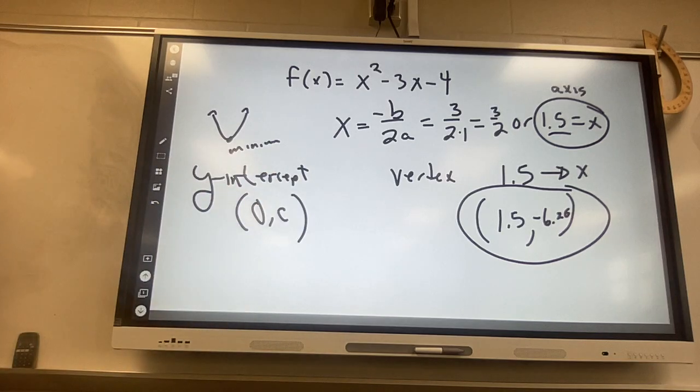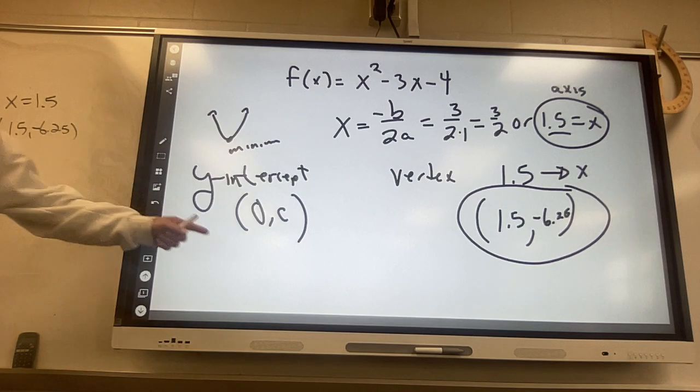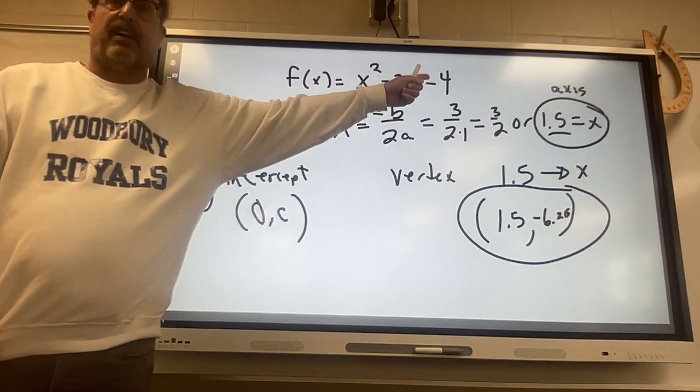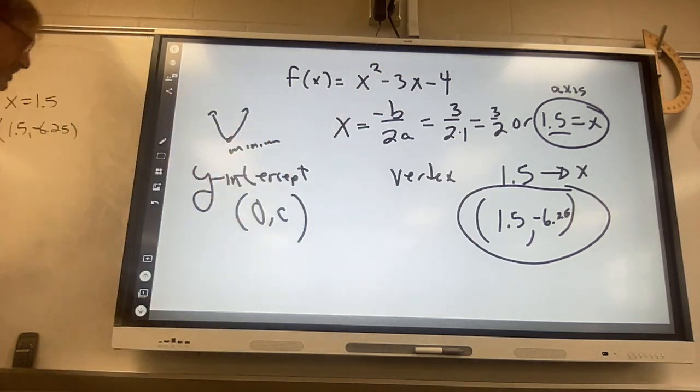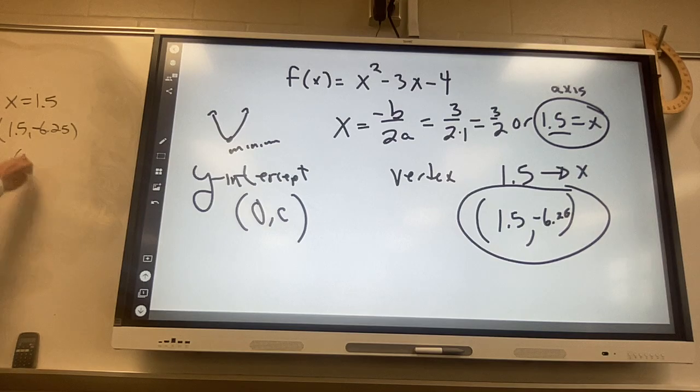There is no calculation that needs to be done. So I'm writing the axis of symmetry, the vertex. So the y-intercept is easy. It is 0, just say it. Just look at it and say it. 0, negative 4. It's that easy.